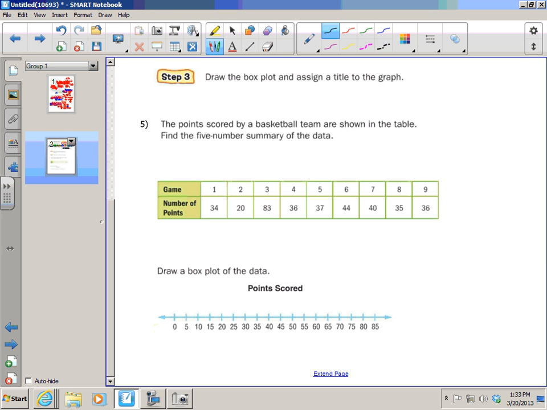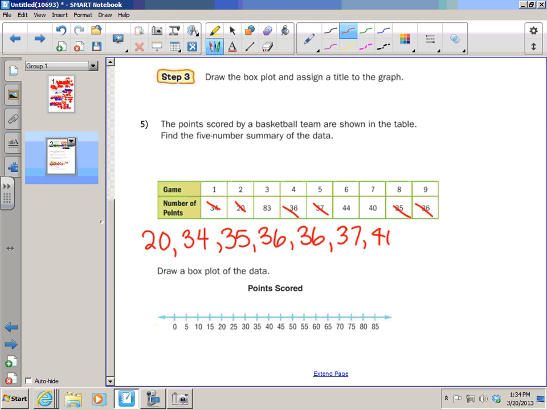And I have 20, 34, 35, 36, 2 times, 37, 40, 44, and 83. So my minimum is my 20, my maximum is my 83. So I plot a point at both of those.